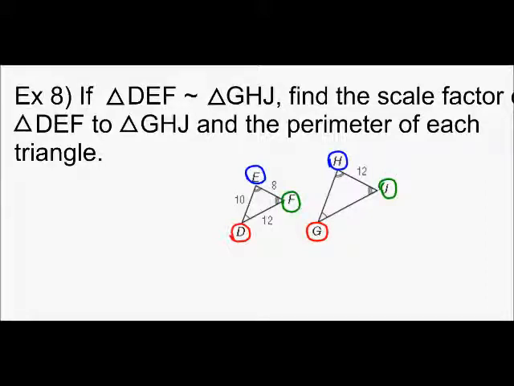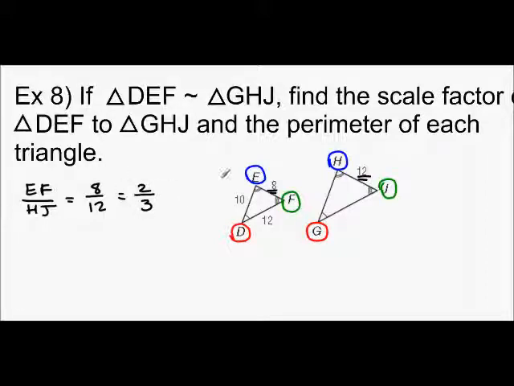So on triangle GHJ, I really only have one side, and that is 12. So HJ, blue-green, goes with blue-green, so that's 8. To find my scale factor, I'm going to use EF and HJ then, because HJ is the only side I have on this triangle. Get 8 over 12, which reduces to 2 over 3.